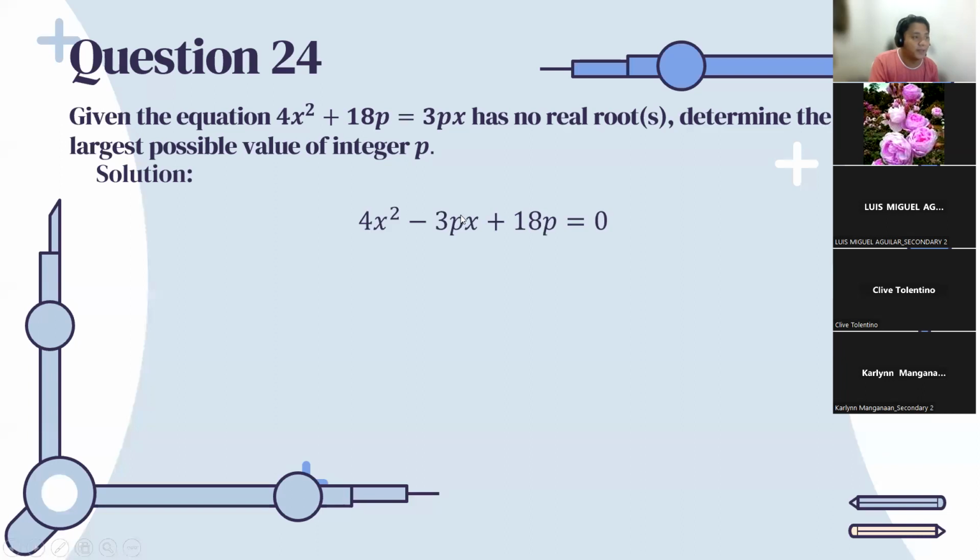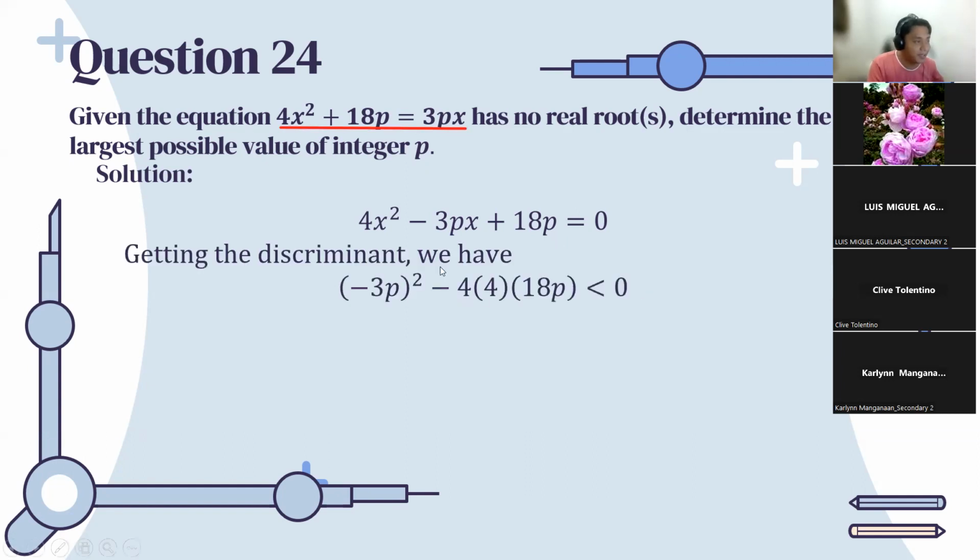The formula for the discriminant is of course b squared minus 4ac. So we need to manipulate this expression into the form ax squared plus bx plus c is equal to 0. As you can see, we have 4x squared minus 3px plus 18p is equal to 0. Then we can get the discriminant.